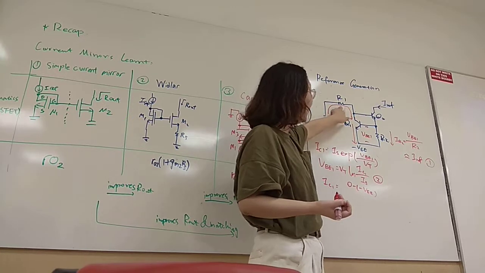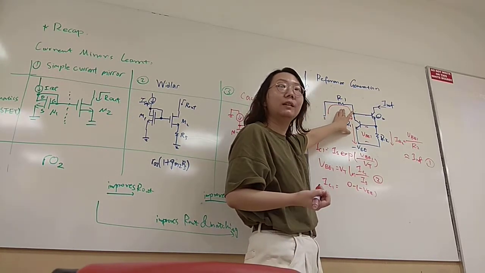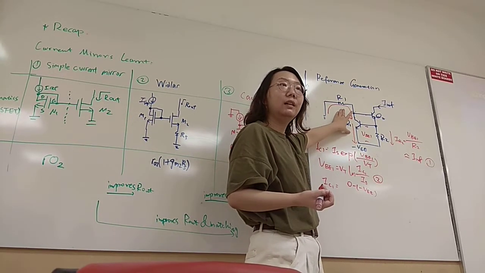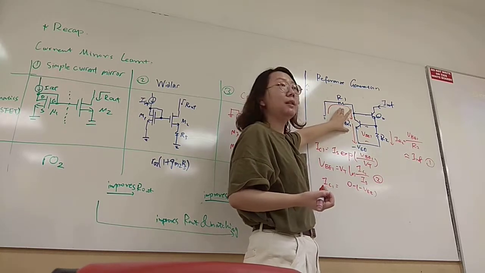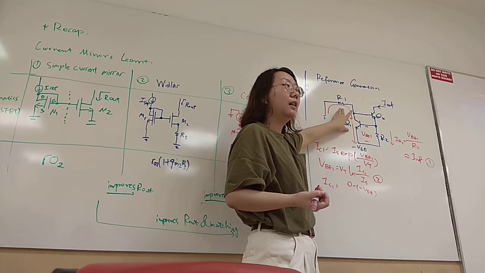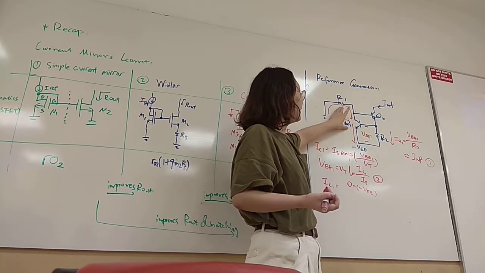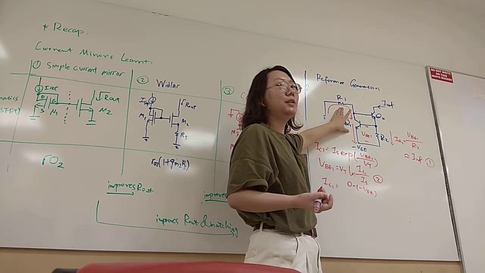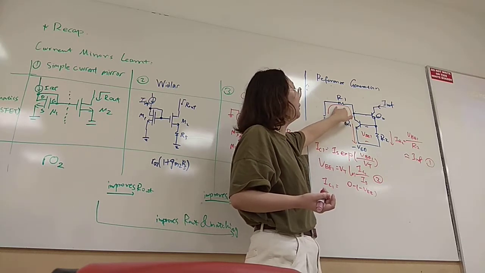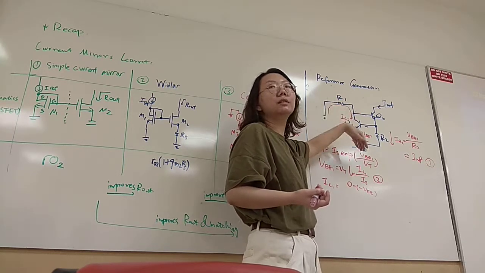But if you look at your R1 and this part, they are in series, right? Your R1 and this transistor are in series. If they are in series, that means the current flowing through these components is the same. So that means once you can find the current flowing through your R1, you know the whole branch current.